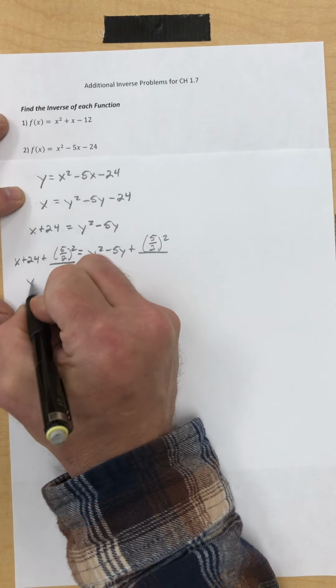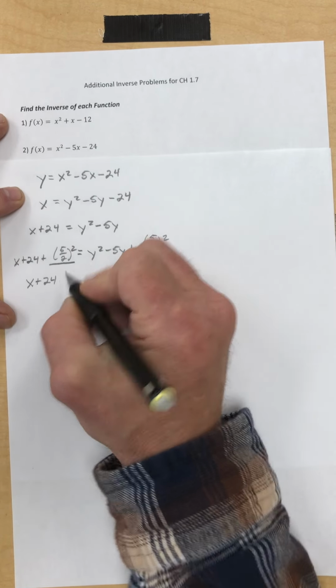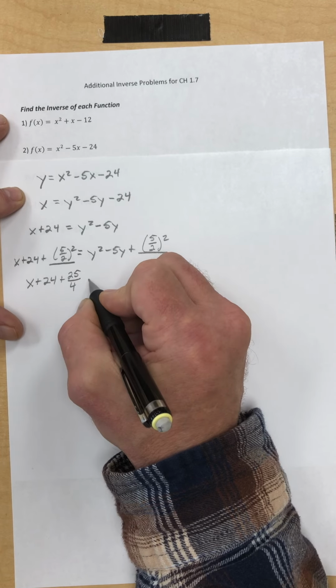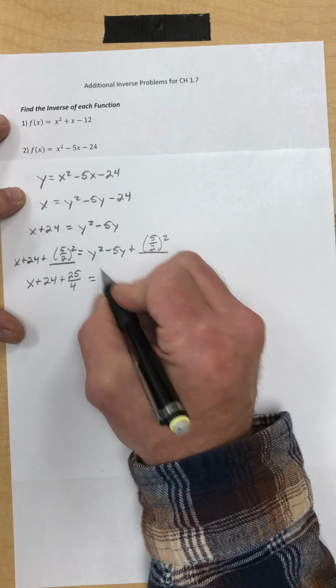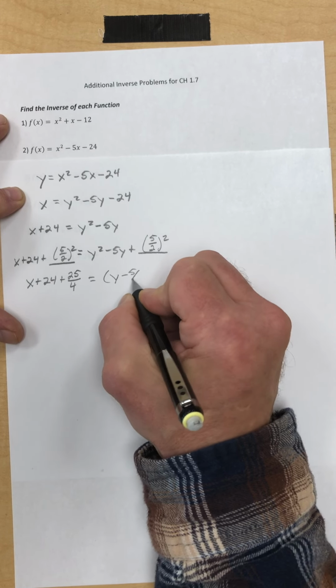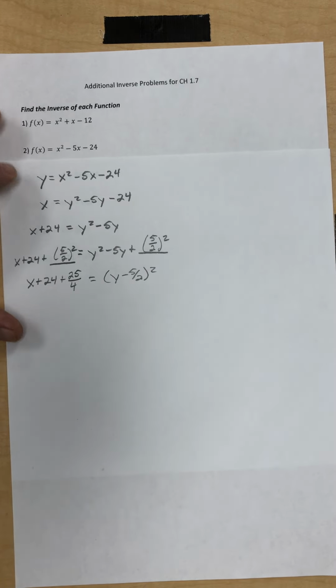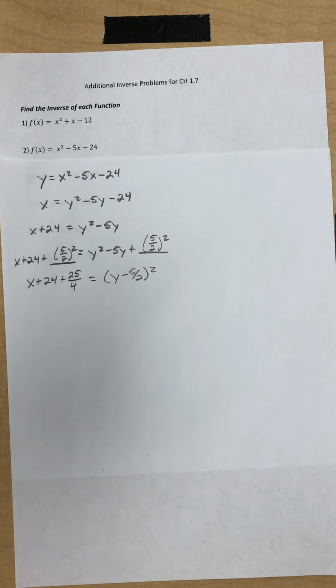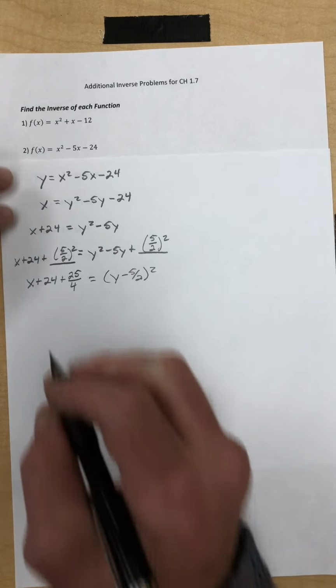So I get x plus 24 plus 25/4 equals, this was a perfect square trinomial, so it factors into y minus 5/2 squared. Then we just add these two together and write it as an improper fraction. So 24 plus 25/4, rewritten as an improper fraction, I'm getting 121/4.